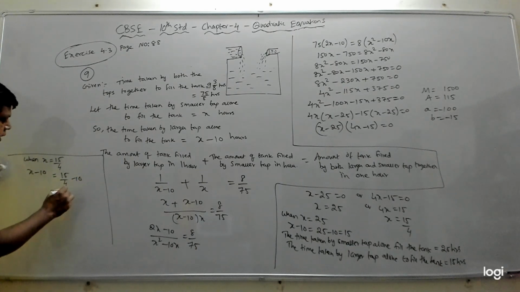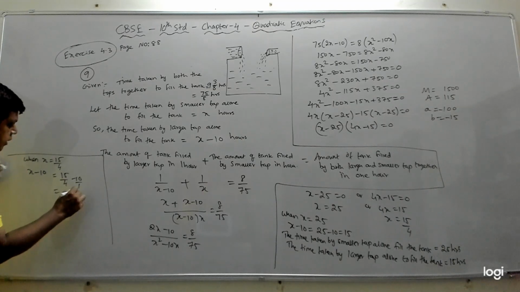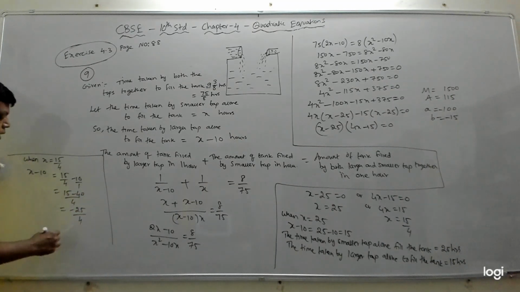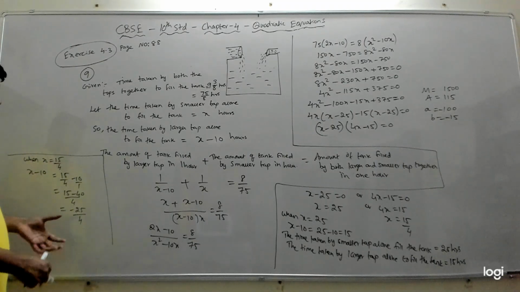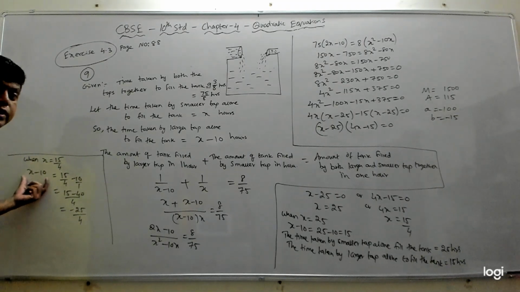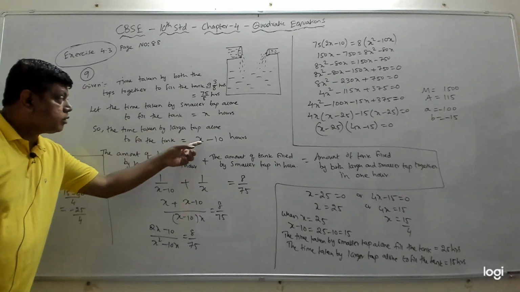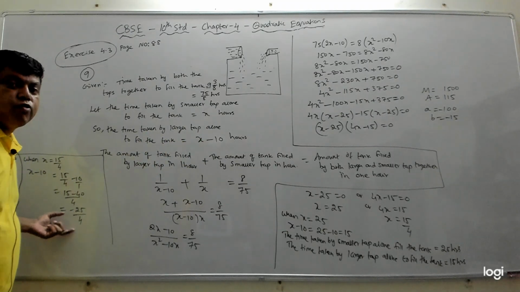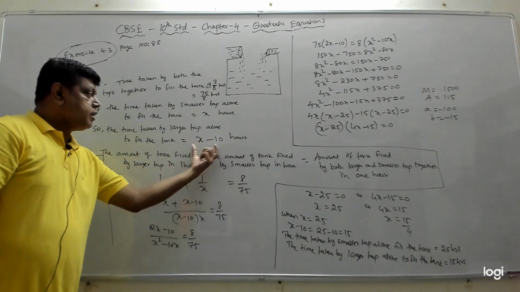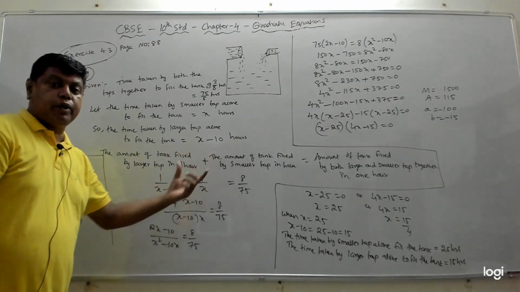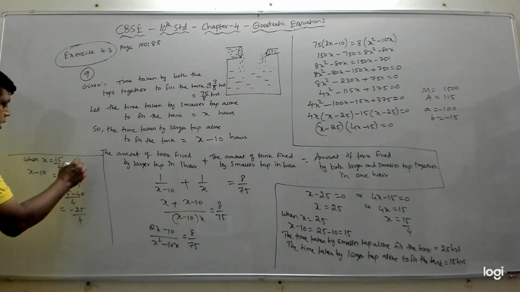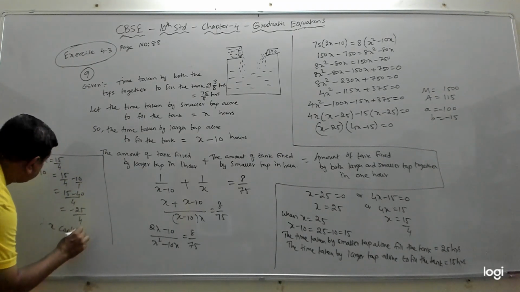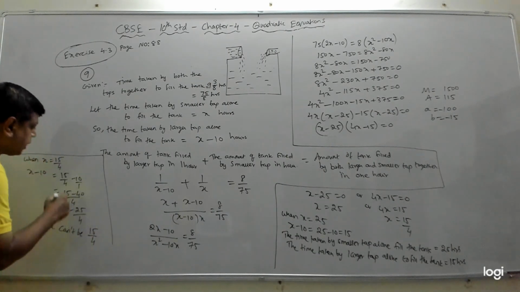If you do that, you'll get 15 minus 40 by 4, which is minus 25 by 4, which is not possible because x minus 10 is the time taken by the larger tap to fill the tank. So it cannot take minus 25 by 4 hours. X minus 10 is becoming negative, but x minus 10 cannot be negative. So we cannot take this value. Therefore, x can't be 15 by 4.